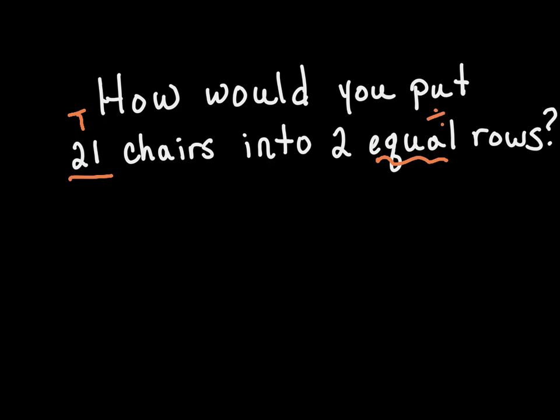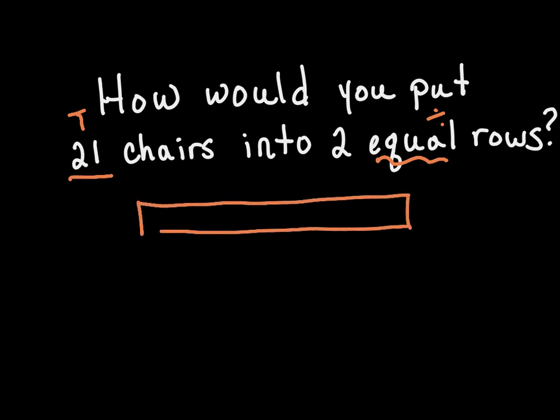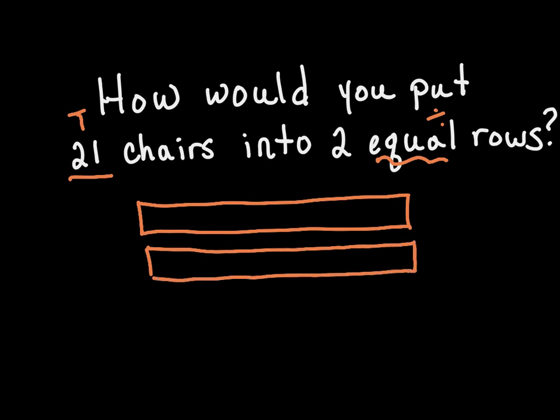But if I was to make two equal rows of chairs, that would have to be 10 in each row. But 2 times 10 is 20. They want 21 chairs.